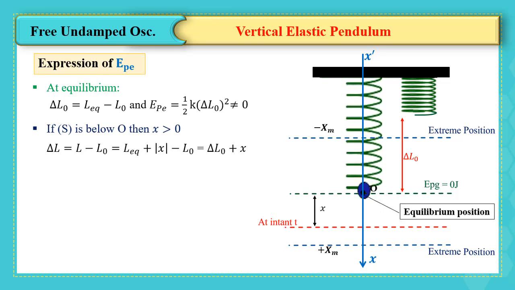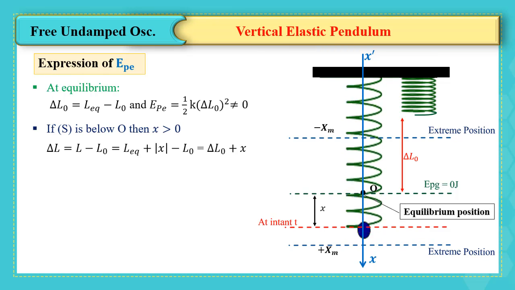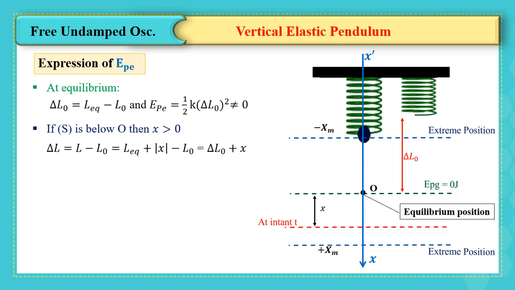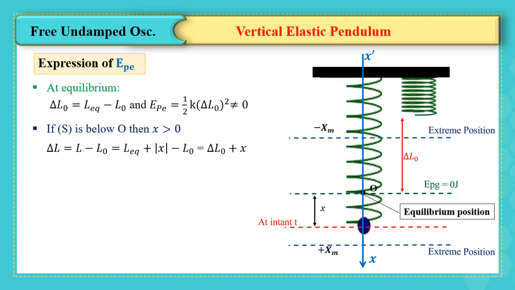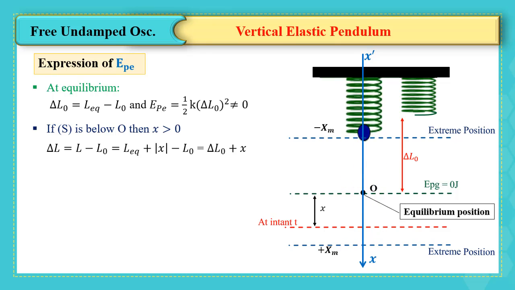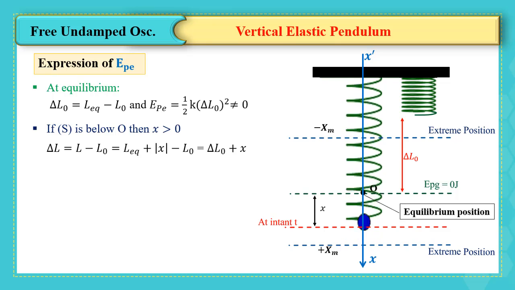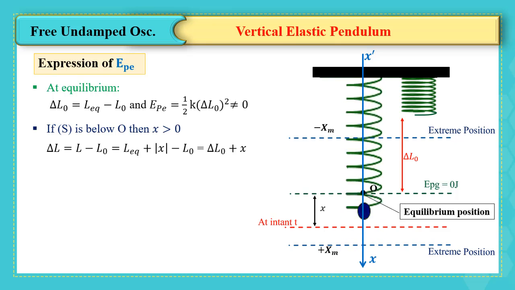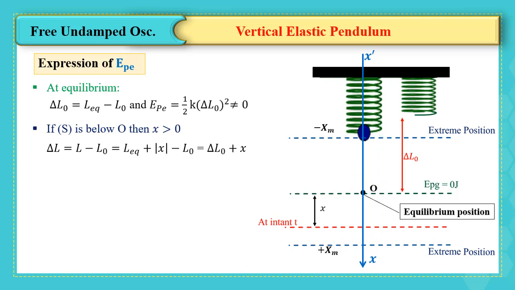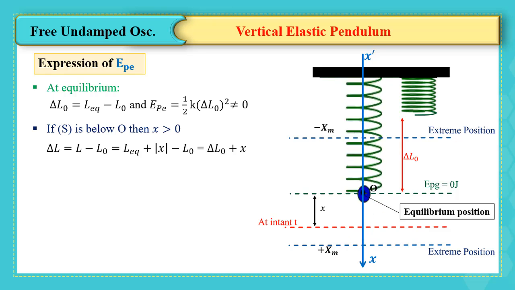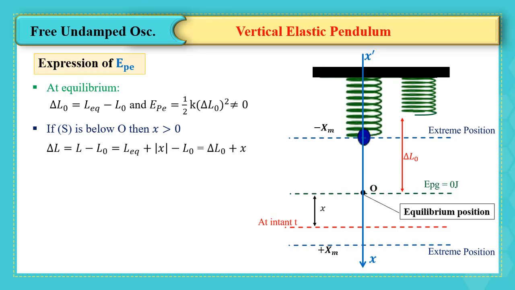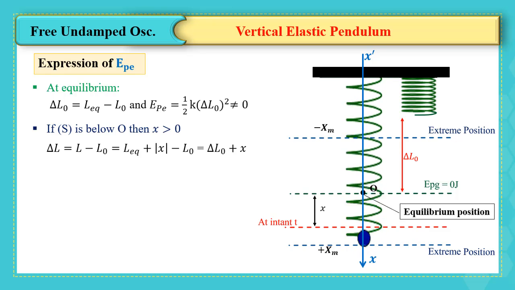In this case, delta L can be written as L minus L0, but L is L at equilibrium plus the absolute of x, minus L0. Then L equilibrium minus L0 expresses delta L0, and we can write it as delta L0 plus x.